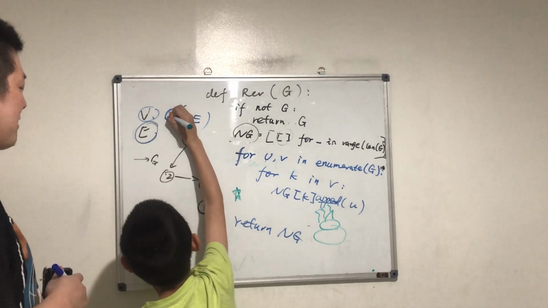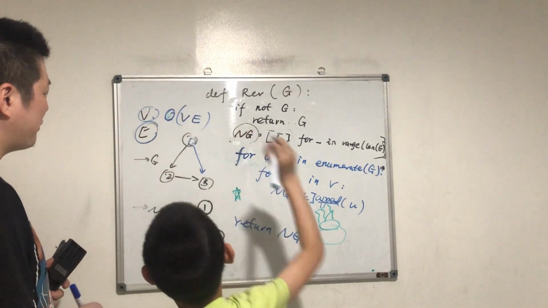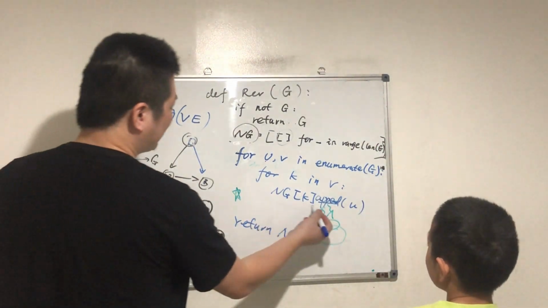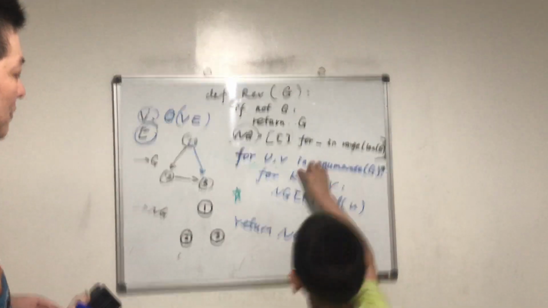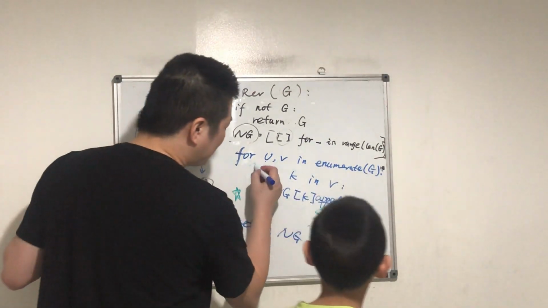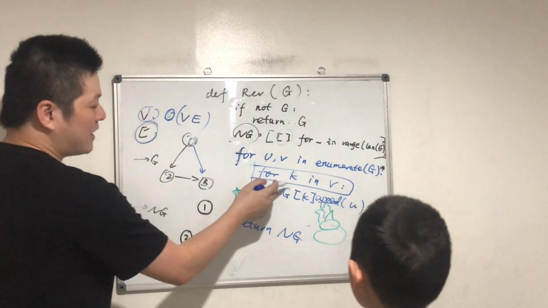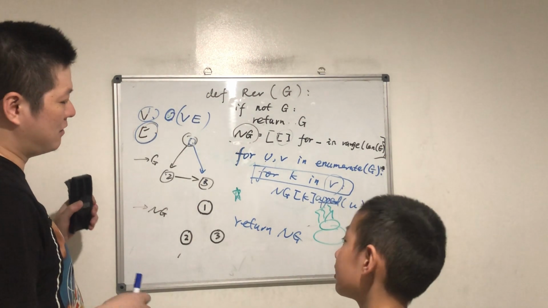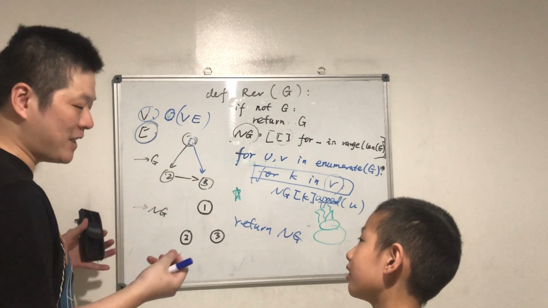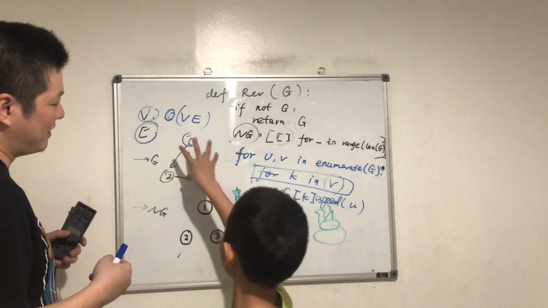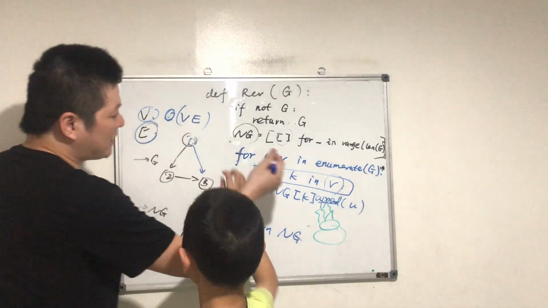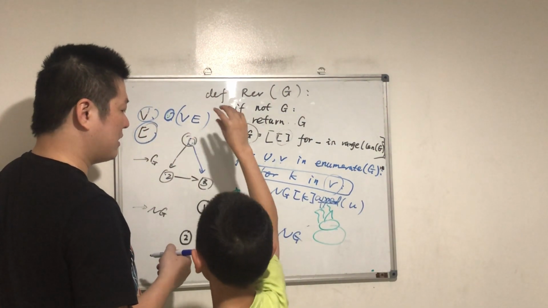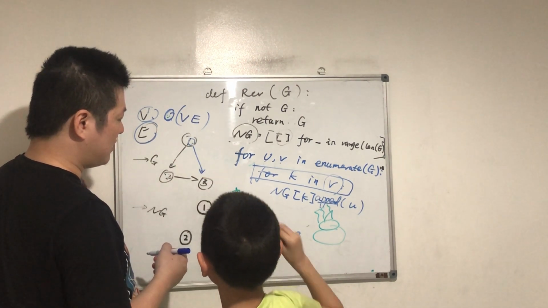All right, Eric. So can you tell me which part is to reverse it? How are we reversing the graph? Why does this reverse it? What does this mean? K in V. What's V? V is a vertex. Which vertex? What do U and V mean?